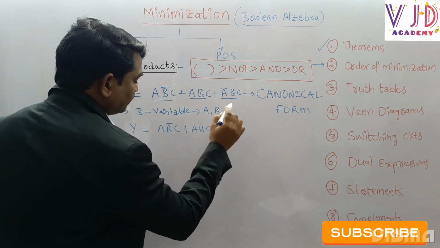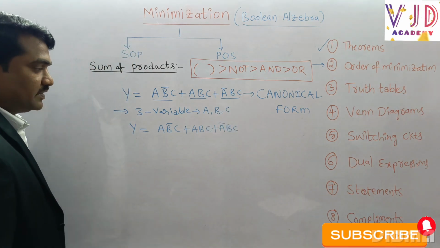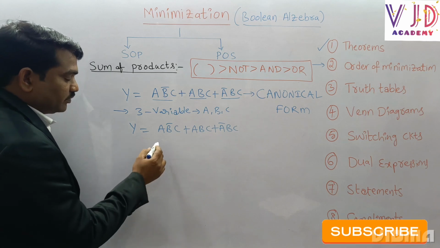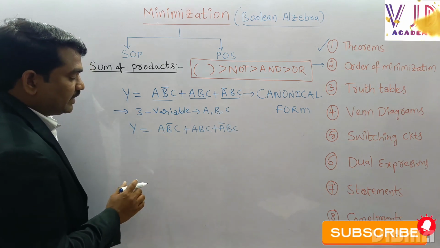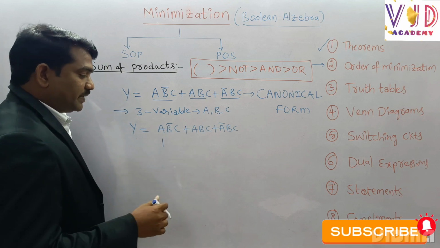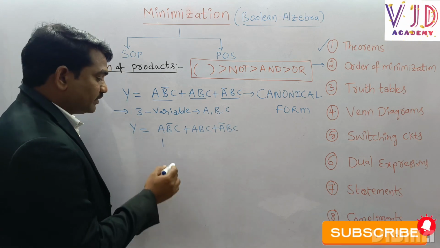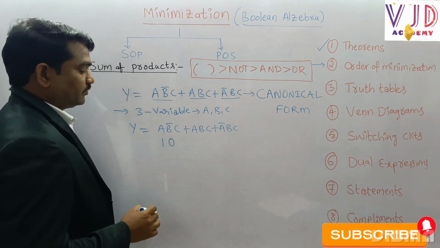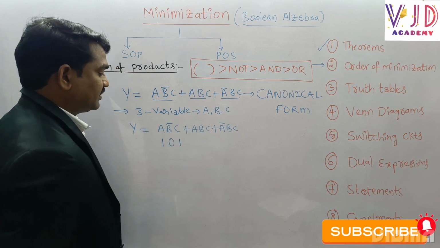Now I told you in the previous lecture, the moment when there is a, we can represent it with 1, and then here b bar, which means complementing term, we can represent with 0, and c can be represented with 1.